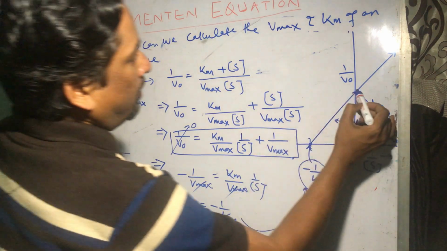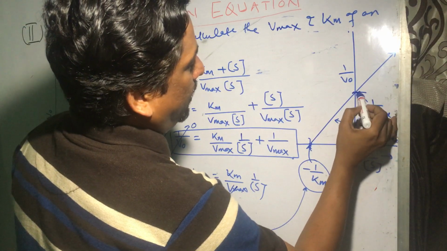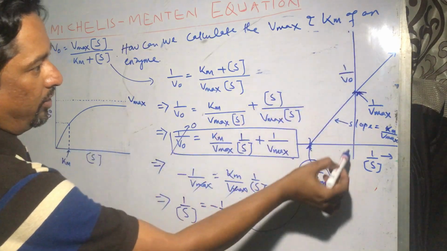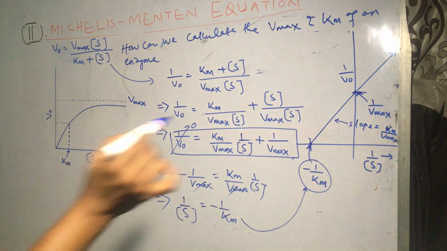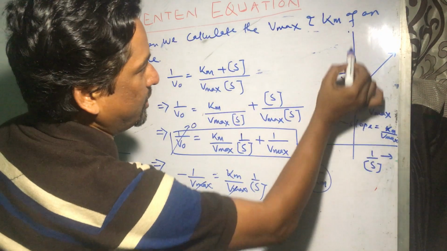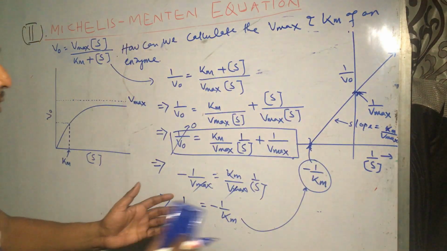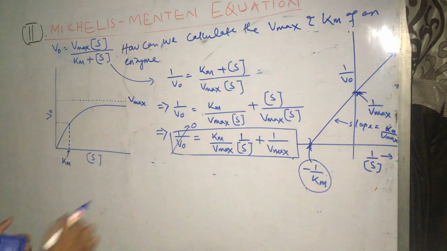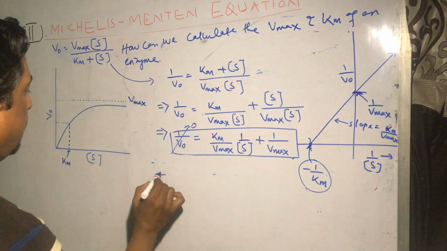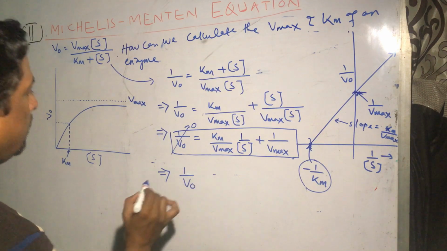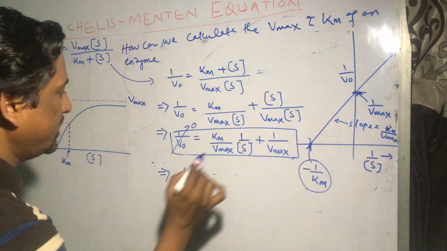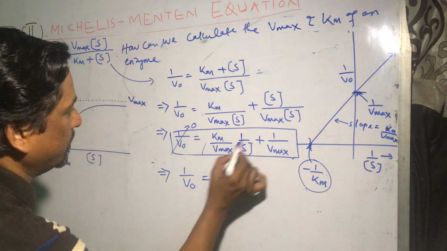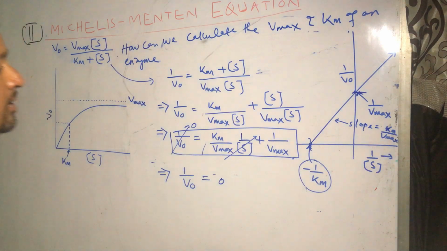Similarly, let's consider this point. So this point is a point on the y-axis where 1 by S is 0. I mean x value is 0 on this line. So if we put the value of 1 by S equal to 0, this whole term becomes 0 because 1 by S is 0.